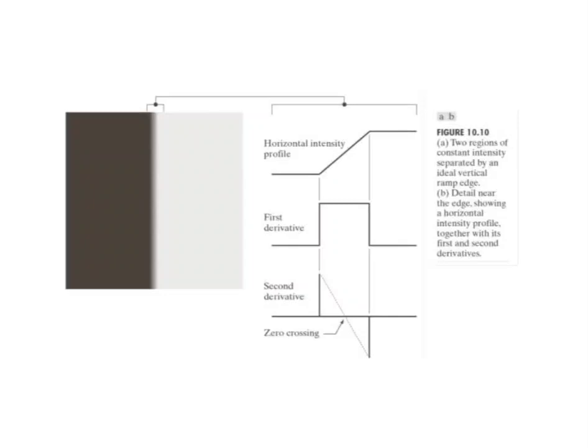The image segment in the first column in the figure shows close-ups of four ramp edges that transition from the black region on the left to the white region on the right. Keep in mind that the entire transition from black to white is a single edge. The image segment at the top left is free of noise.